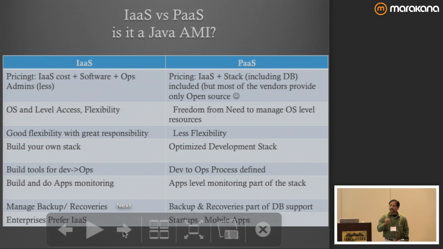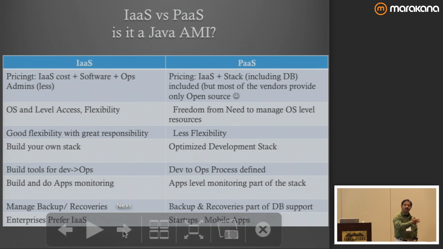Using infrastructure as a service or EC2 directly gives great flexibility. You can choose your own OS, your own Java version. If you are using MongoDB or MySQL, you can choose which version to use. The configuration you can do, and the tuning of the JVM you will also be able to do.